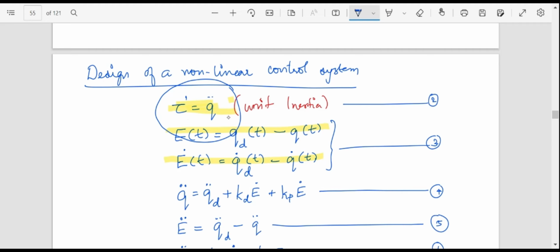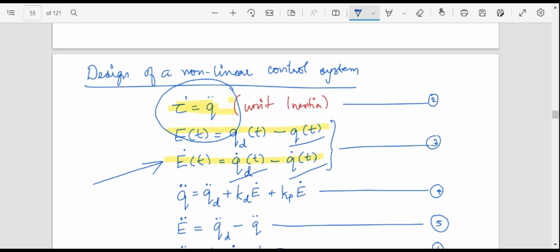Here E of t is equal to Qd of t minus Q of t, which is the servo error of position. This is the servo error for velocity. Qd of t is the desired joint position, and Q of t is the actual joint position. This is the desired joint velocity, and this is the actual joint velocity.